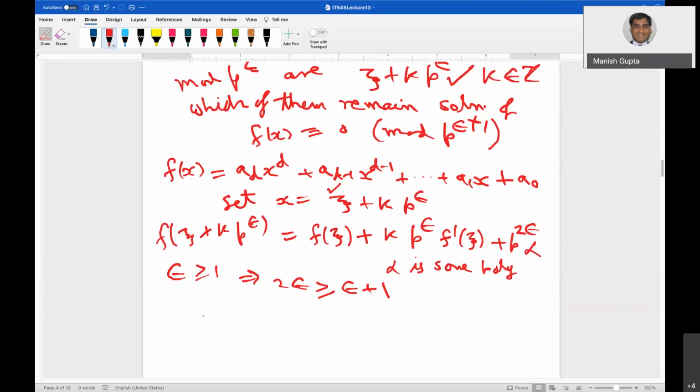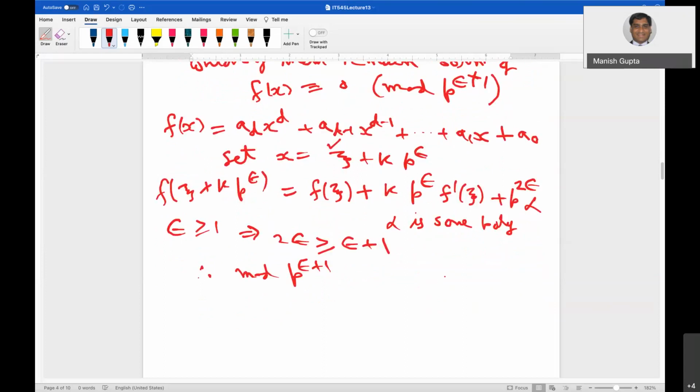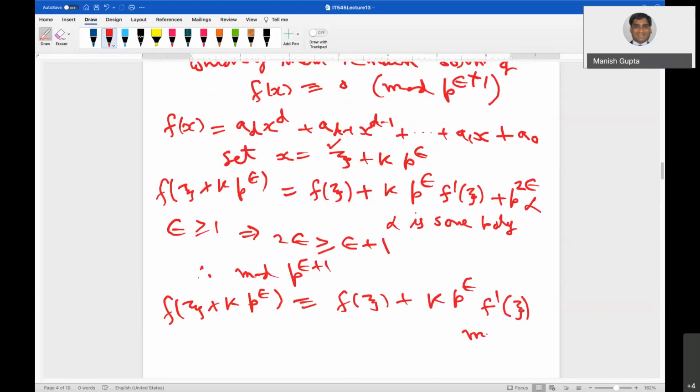Therefore, when we do modulo p raised to power epsilon plus 1, पूरे इक्वेशन को अगर हम रिड्यूस करें मॉडलो p raised to power epsilon plus 1, this equation reduces to f of xi plus k times p raised to power epsilon is same thing as f of xi plus k times p raised to power epsilon times f dash of xi modulo p raised to power epsilon plus 1, right? ये पोर्शन जीरो हो जाएगा, okay?